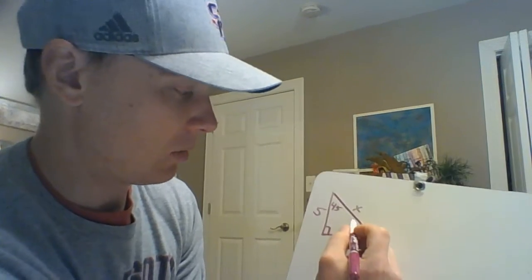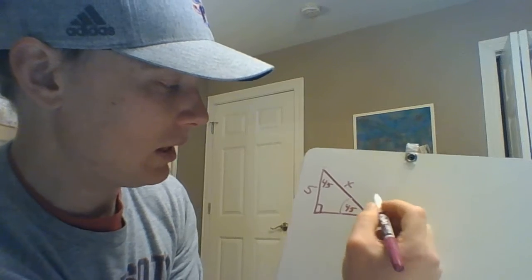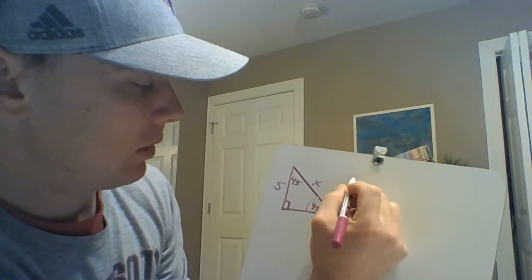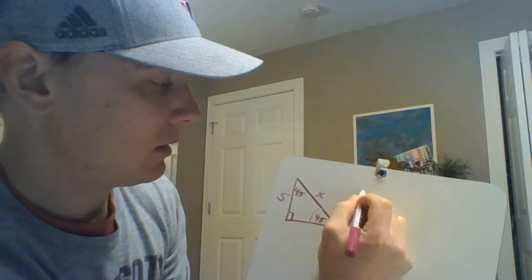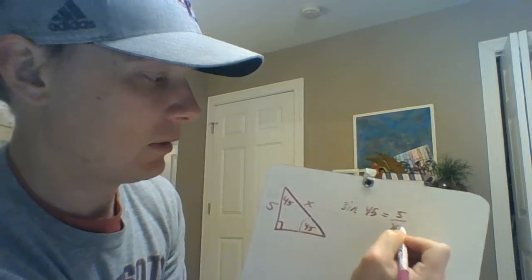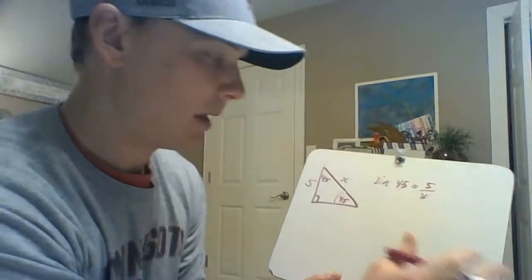You could say, I'll focus on this angle, what we learned over the last couple weeks. This would be the opposite. This would be the hypotenuse. So we would say the sine of 45 equals 5 over x, and you would solve that. Many of you have been doing that.